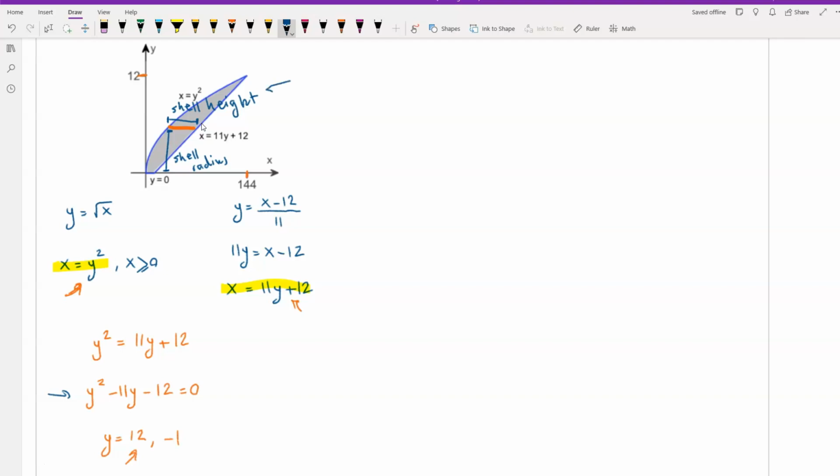So for this one, shell height is this, and what we have for shell radius is what we have for y.